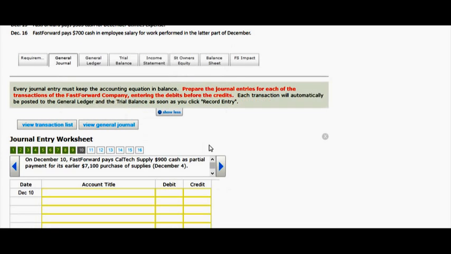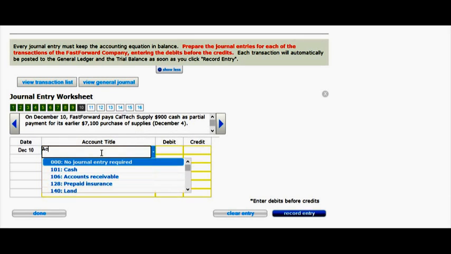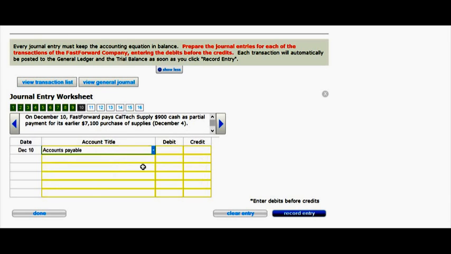On the 10th, pays cash as partial payment for the purchase of supplies. That was accounts payable. Accounts payable will be debited $900 to reduce that amount that they owe. Credit cash for $900.